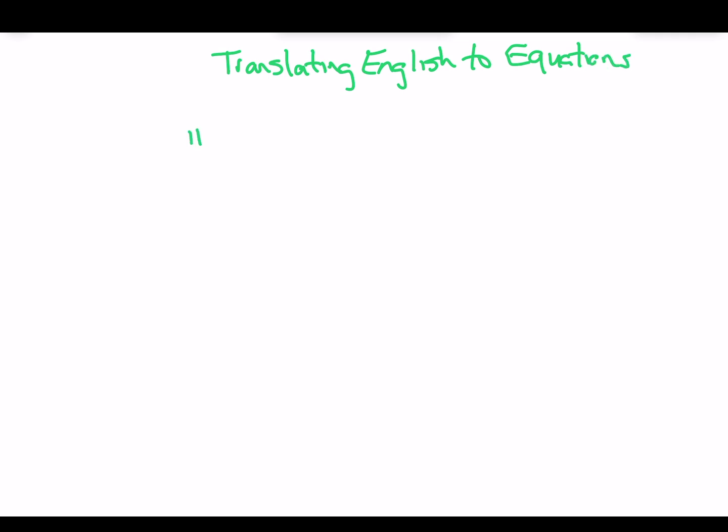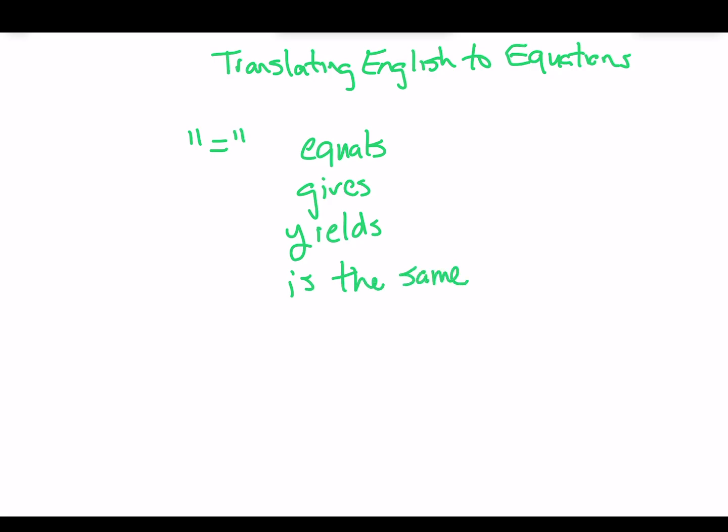So when we see the equal sign, we may see some other words that represent equals. So we may see equals, gives, yields, is the same as, is, was, or will be.